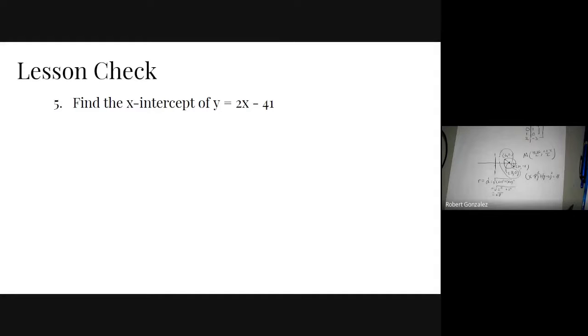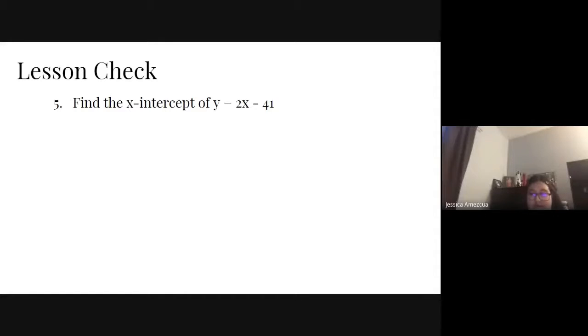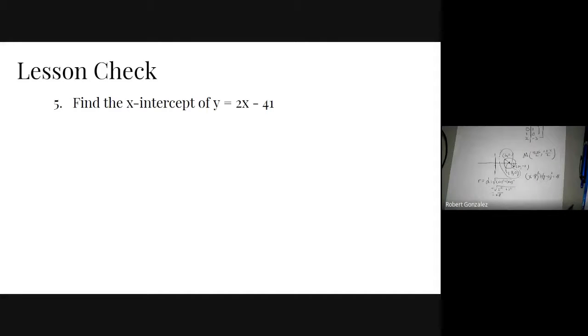Let's call on somebody. Let's call on Jessica A. What do you get for the x-intercept? 41 over 2 and then 0.